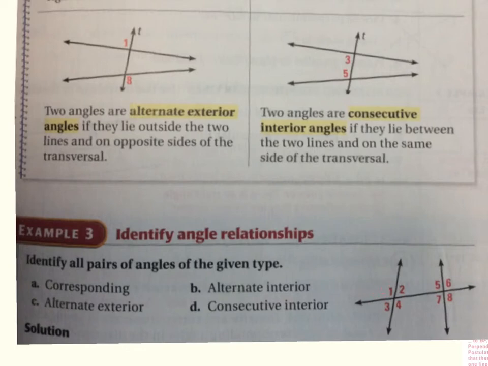So angle 1 and angle 8, angle 3 and angle 6. Those are our two sets of alternate exterior. And then we have the consecutive interior. Those are just on the same side. So angle 2 and angle 5 is a consecutive interior, also angle 4 and angle 7.